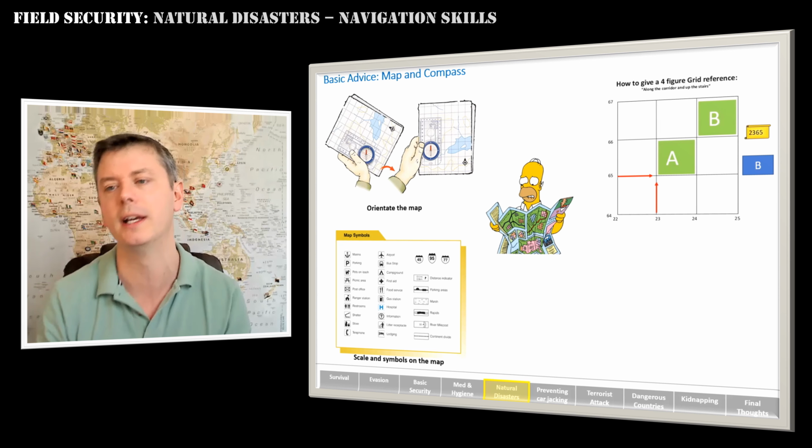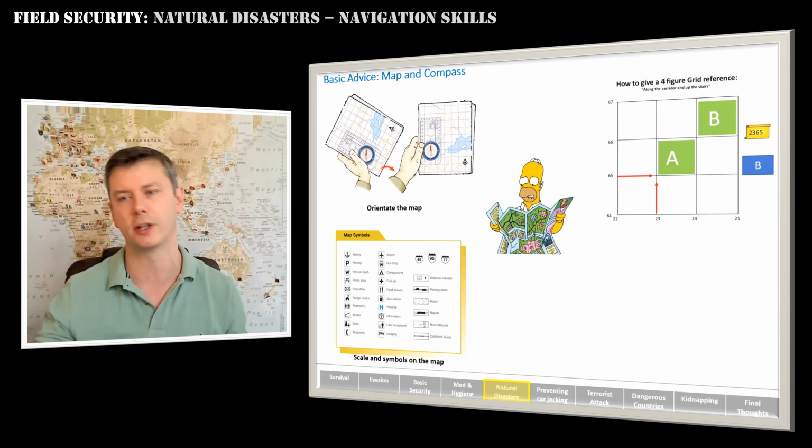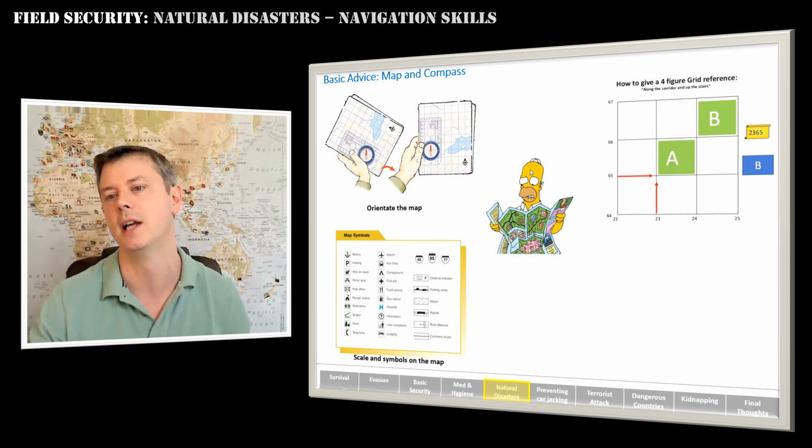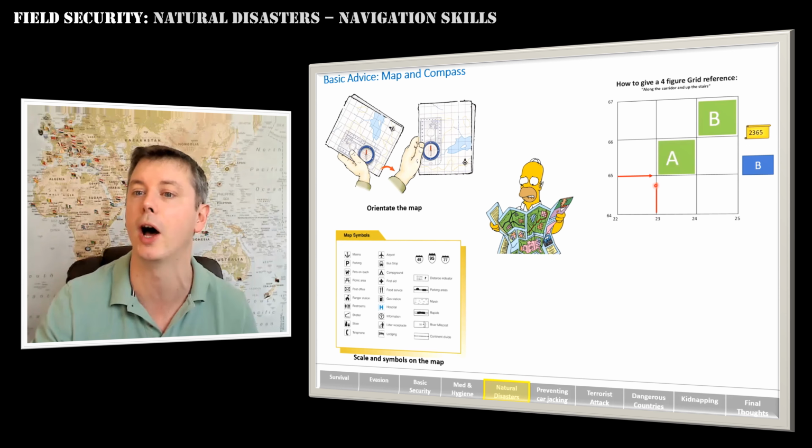And the way they work, and the best way to remember, is along the corridor and then up the stairs. So that's along the corridor and up the stairs. In this example, we're going along the corridor here to 23 and up to 65, and that gives us the grid reference 23, 65. So it's along the corridor and then up.